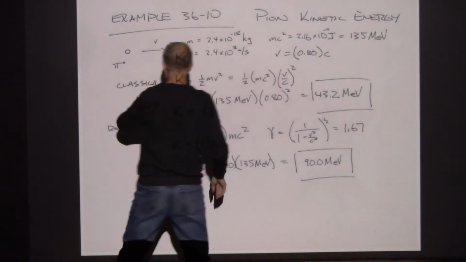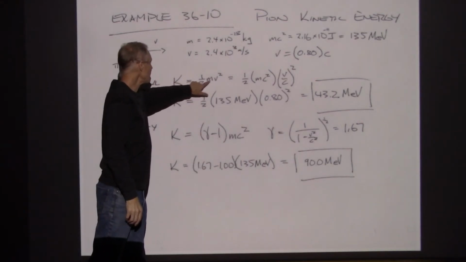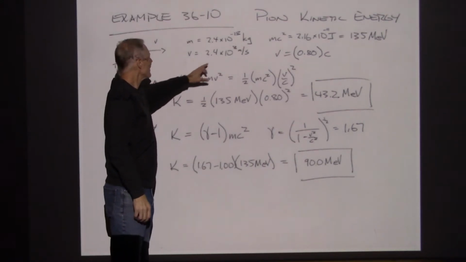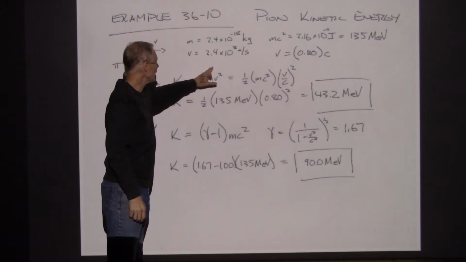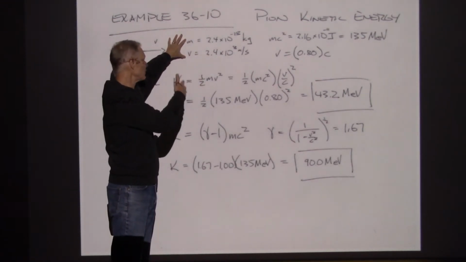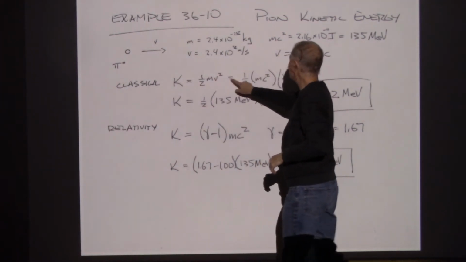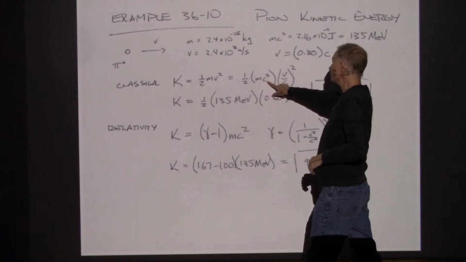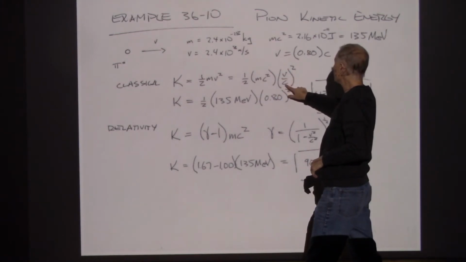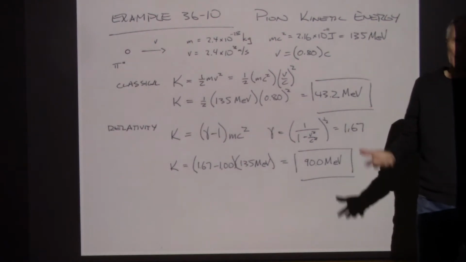So the classical calculation of kinetic energy would be 1/2 mv squared. Now that's a classical formula. You would think I would plug these in, but instead I'm going to do a bit of a roundabout. I'm going to write the classical kinetic energy as 1/2 mc squared times (v over c) squared, and I'm going to claim it's a shortcut.